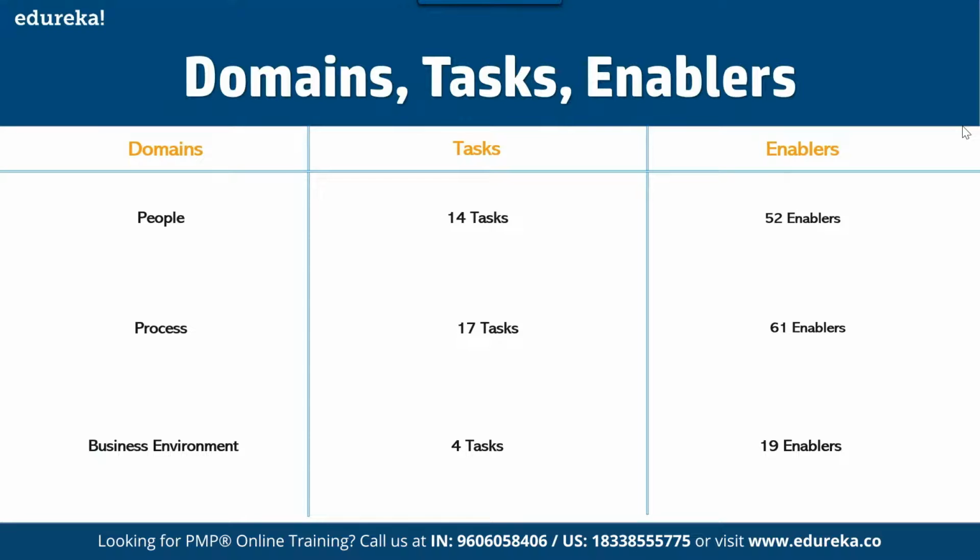The domain is a high-level knowledge area which is required to practice project management. The tasks cover the underlying responsibilities of project managers within every domain. And enablers are illustrative examples of the work associated with the task.